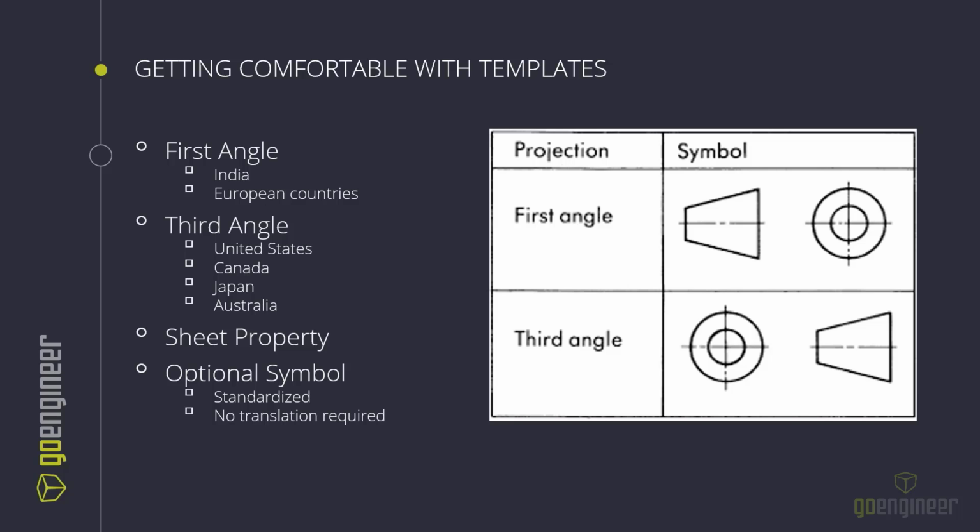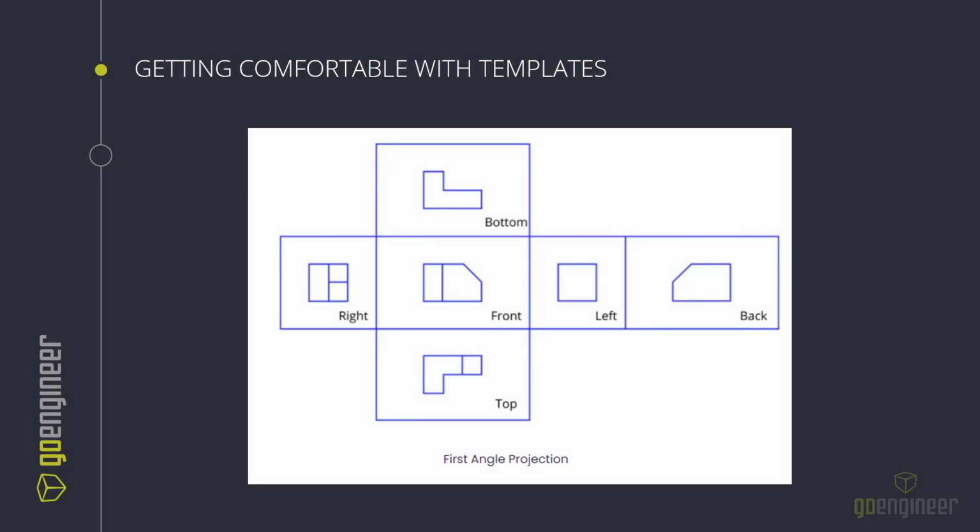And then also you'll see there's an optional symbol that you can place in your drawing. This takes away the need to translate your drawing. If you need to send this to someone who might not read it, it gives them that nice graphical representation showing what projection it should be. And I'll show you the difference between the two and how that can affect your drawing if it's not set up the correct way.